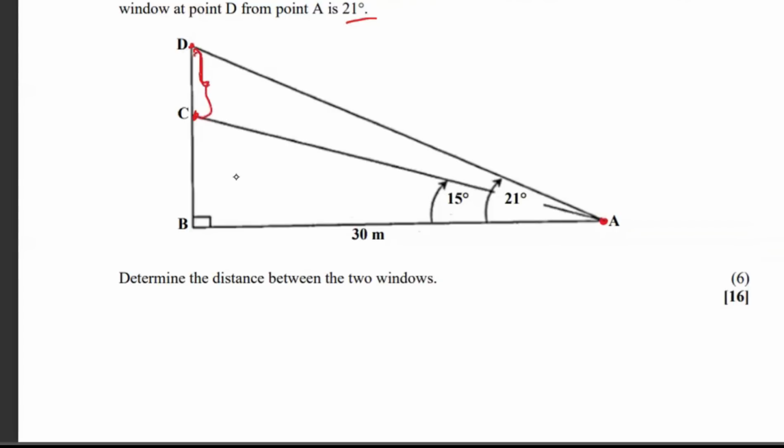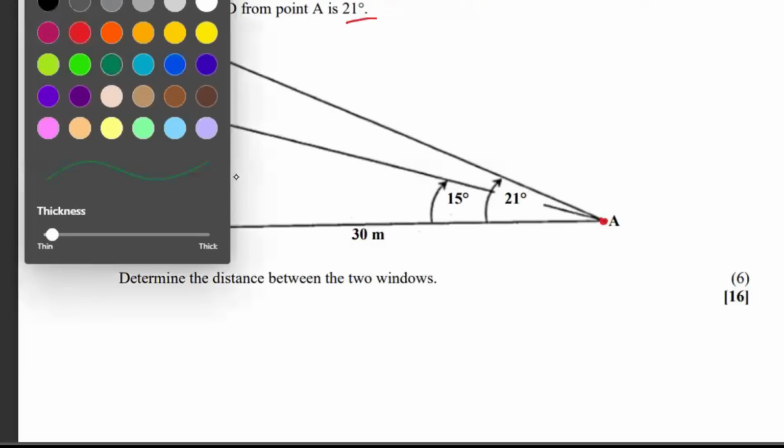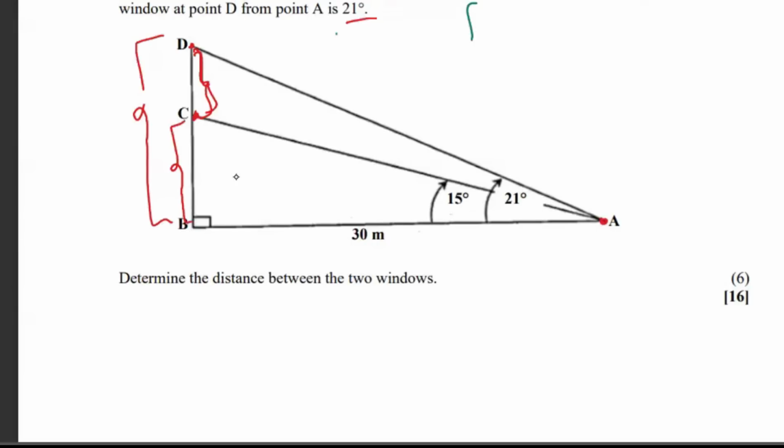So in grade 10, all we need to do is apply the trig ratios, okay? It's the application. So if I look at the distance CD, which means I need to find this entire distance, and then I also need to find this entire distance and then subtract the two distances. So in that, I'll look at the big triangle.